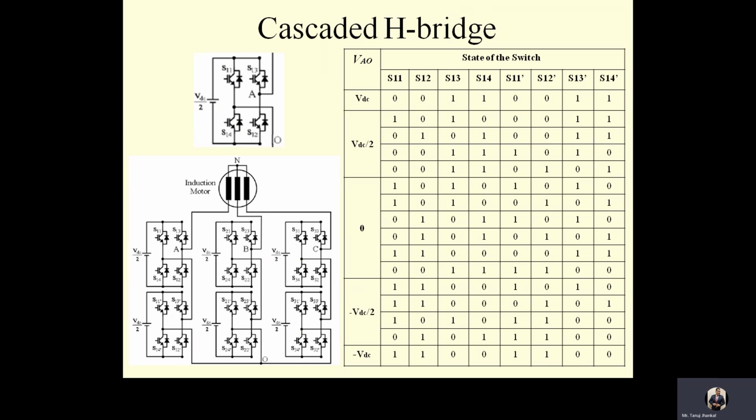This type of cascaded inverter has been used in high power applications because of its modular structure and simplicity of control. They are particularly attractive for large electric drive applications where separate DC sources are available in large number in the form of batteries.